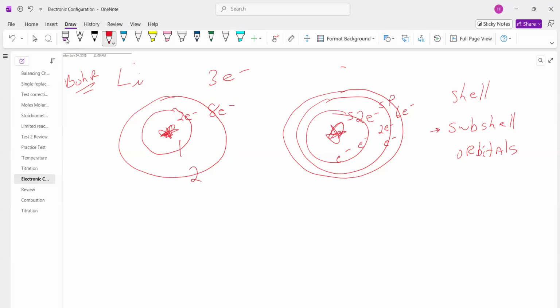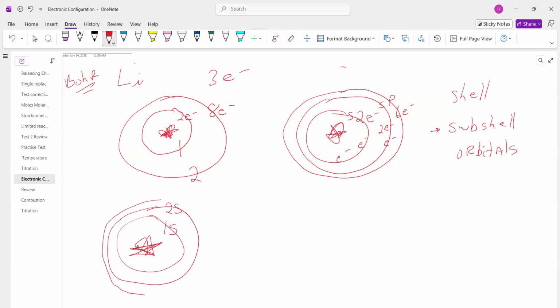Okay, so let's simplify this a little bit more. An orbital can only have 2 electrons in it.